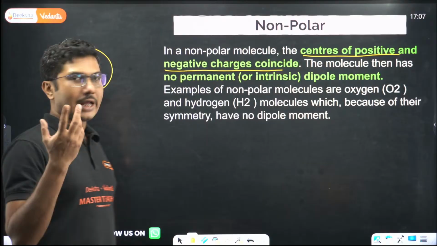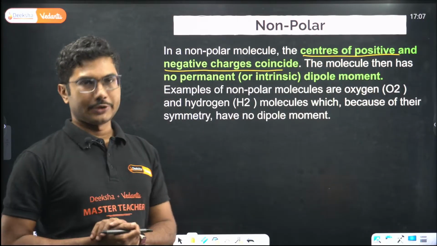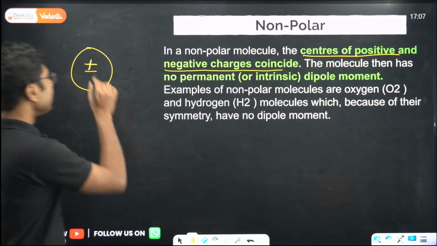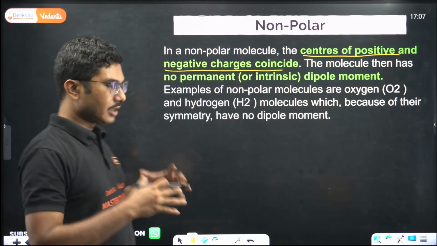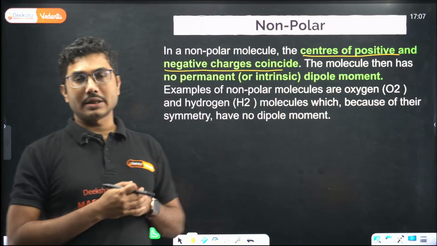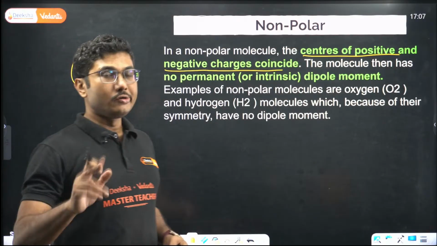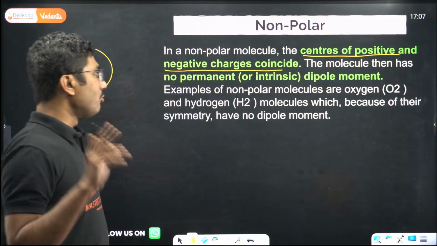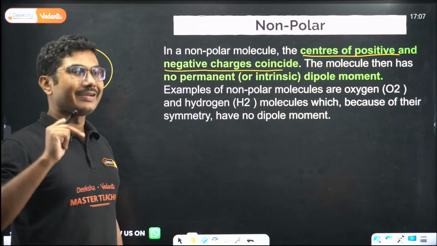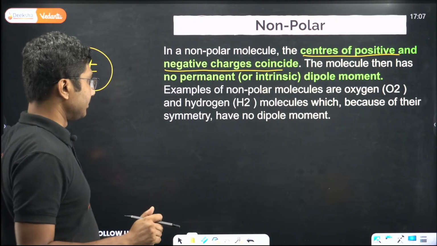We have studied polar somewhat in chemistry as well, but non-polar maybe not so much. Non-polar means the center of the positive charge and the center of the negative charge coincide, so they do not have any net dipole moment at the molecular level. That's why they are called non-polar dielectrics.